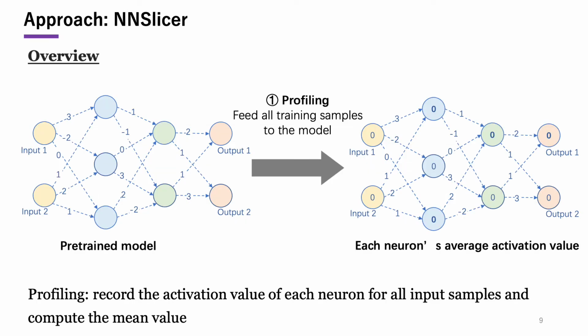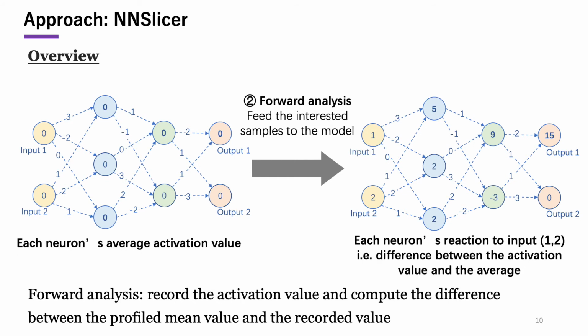Our approach, NNSlicer, consists of three stages: profiling, forward analysis, and backward analysis. In the profiling stage, NNSlicer records the activation value of each neuron for all input samples and computes the mean value.